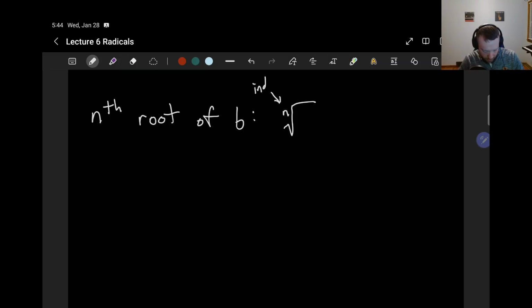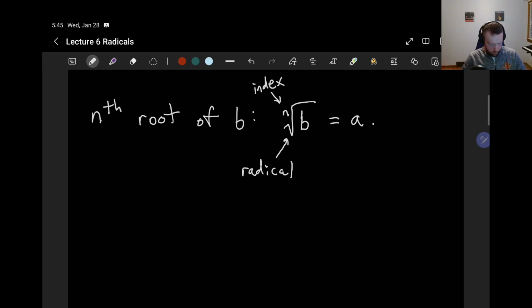This represents the index, the type of root we're taking. And let me put an arrow this way. This bracketed thing we call the radical. And then we have our b inside. We're taking the nth root of b. Let's call it some number a.